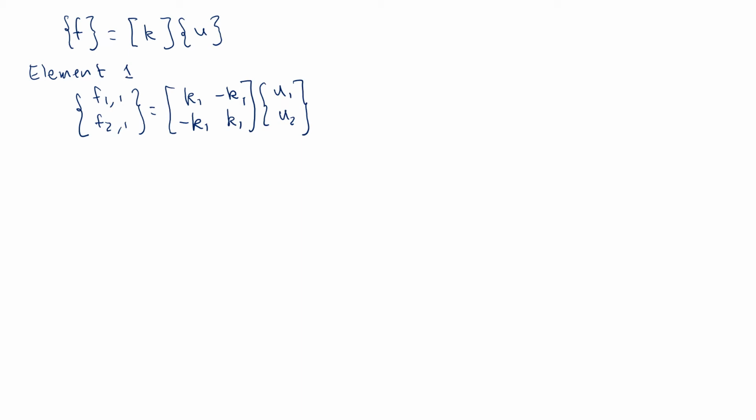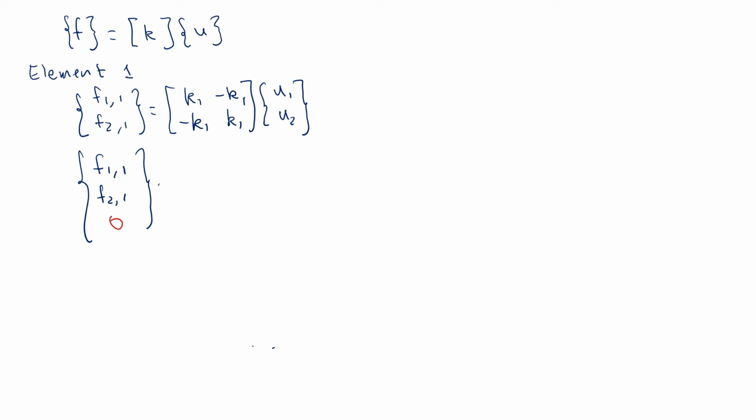Now, in order to use the expanded element stiffness matrix, I'm also going to do the same with my element stiffness equations. So for element 1, I'm going to have an added 0: F1,1, F2,1, and then on the third row, I'm simply going to add a 0.